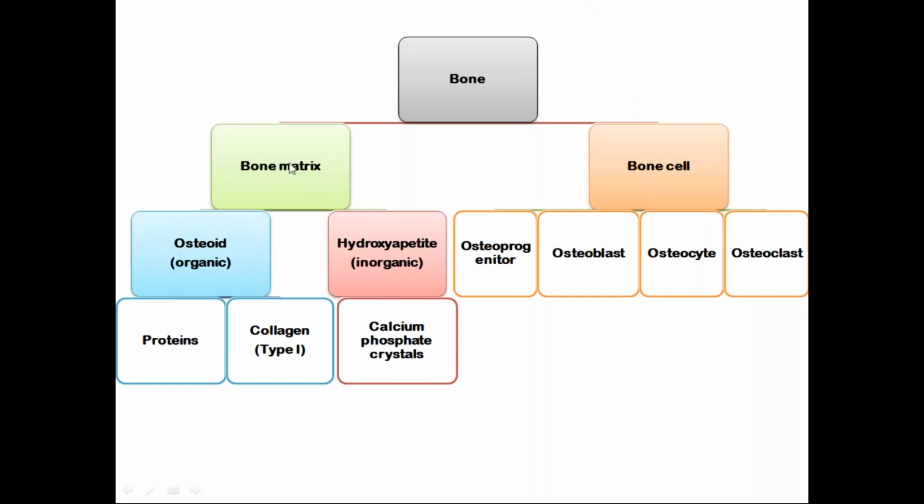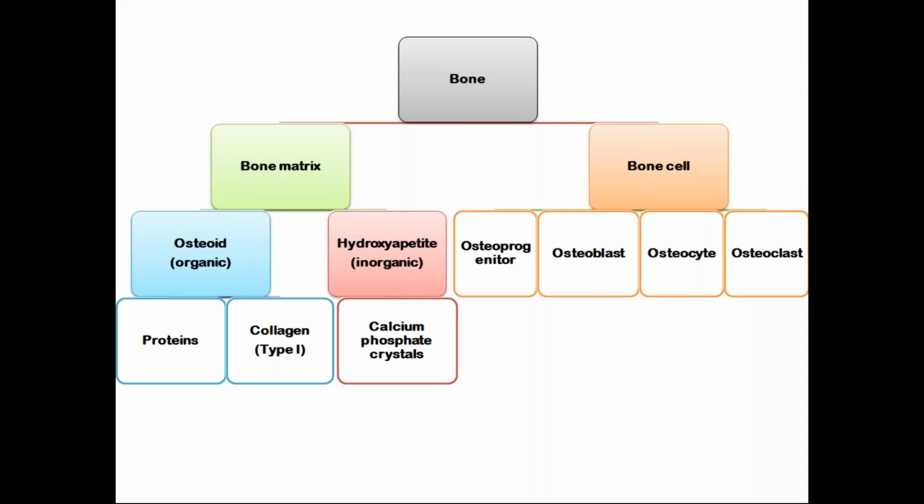Okay, so a matrix is something which is a cementing material. Like if I give you an example, you have a glass of water, and in that glass of water you put a lot of sand. Then you are putting a small amount of gum in that, and you are mixing that full thing into a mixture.